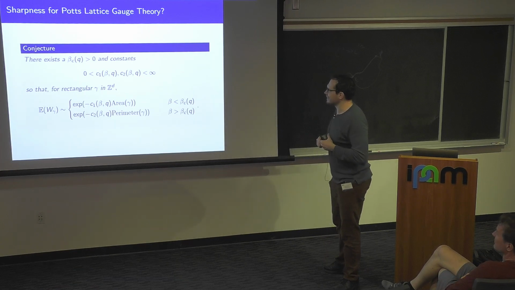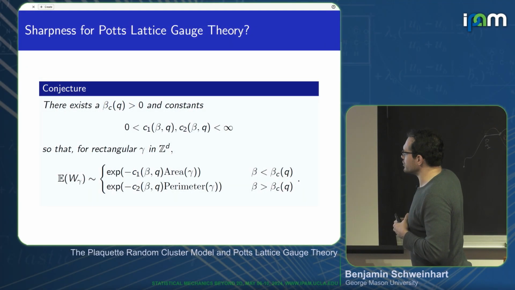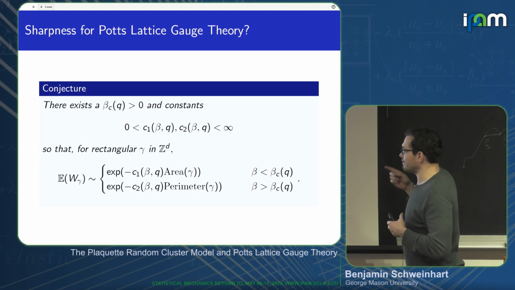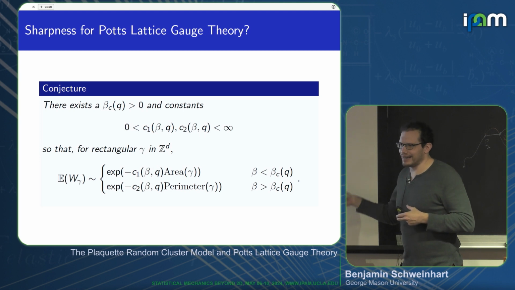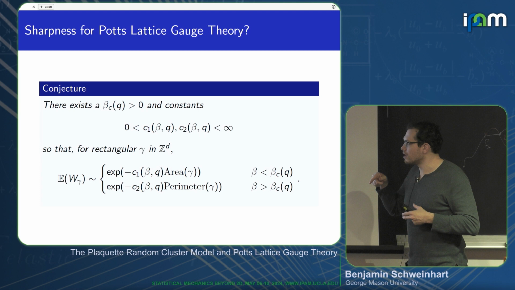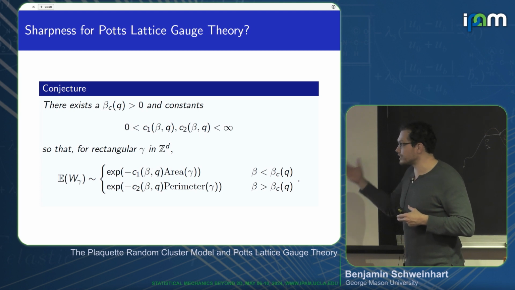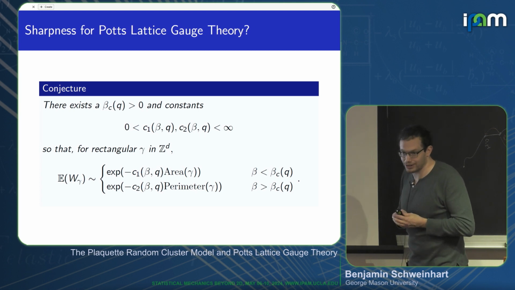So a rectangular boundary in ZD, then in the high temperature regime, we should have area law decay in the expectation of the product of the spins around our loop, whereas in the low temperature regime, we should have perimeter law decay.